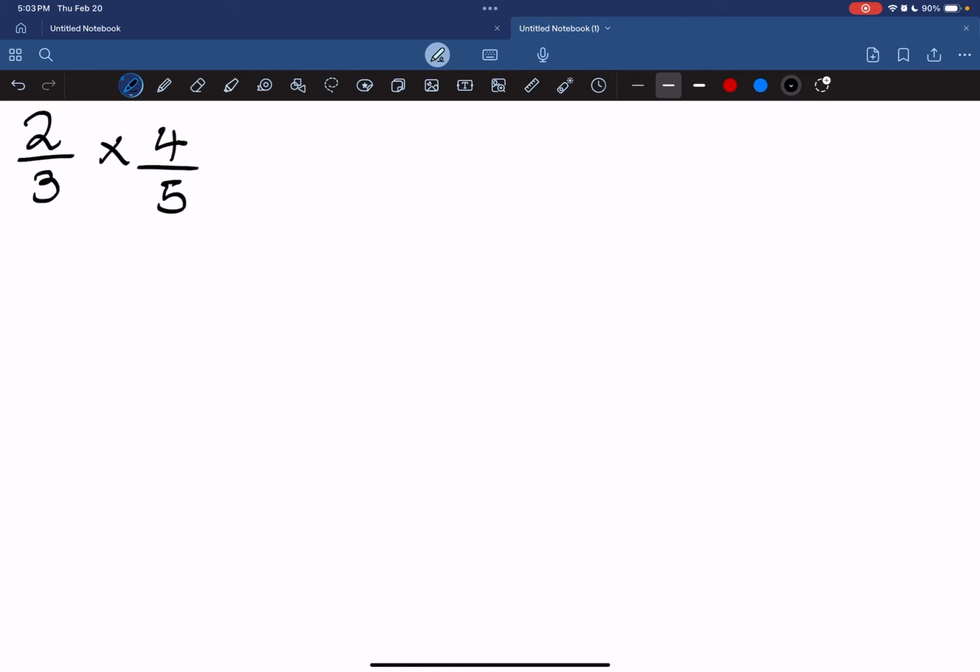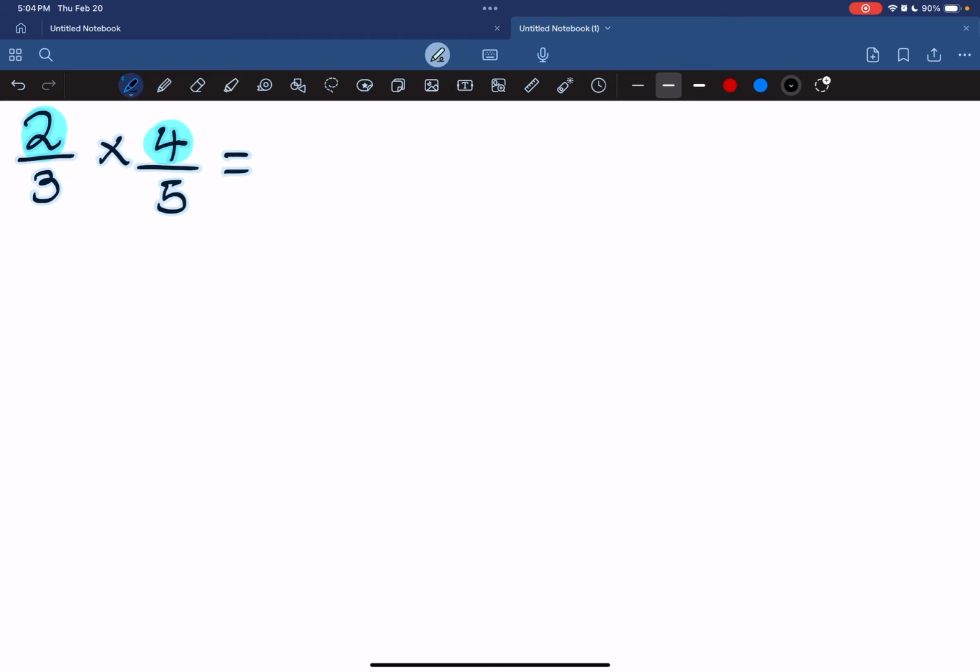Alright, we're going to go with the normal procedure, which is multiplying and then simplifying after. We already know that numerators are the top numbers while the denominators are the numbers underneath. So if we're supposed to multiply this, we multiply the numerator of one fraction with the numerator of the other fraction, which is 2 times 4.